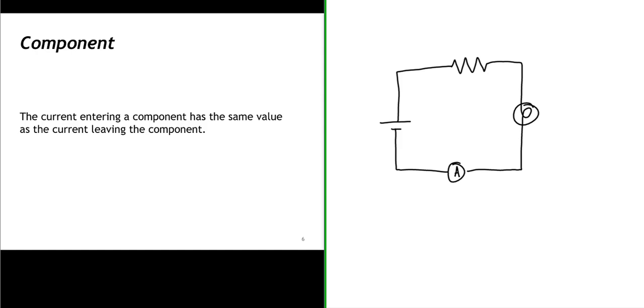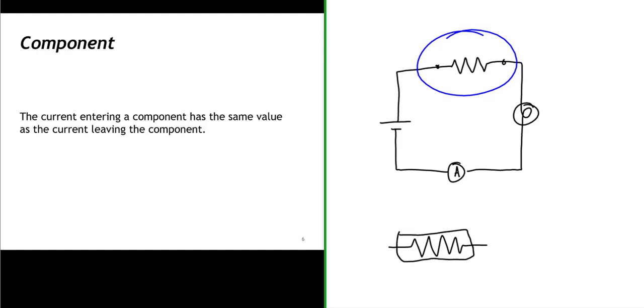Now let's look at our resistor component. So this piece up here we call a resistor. If you were to see a picture of a resistor that you can put in a circuit, they look like these little tubes. They are designed to restrict current flow by a certain amount.